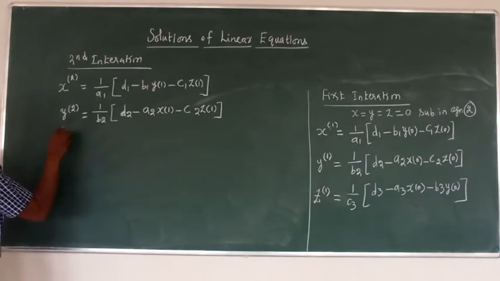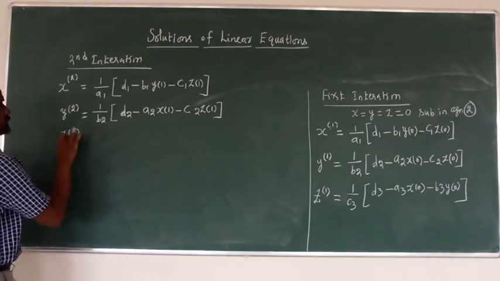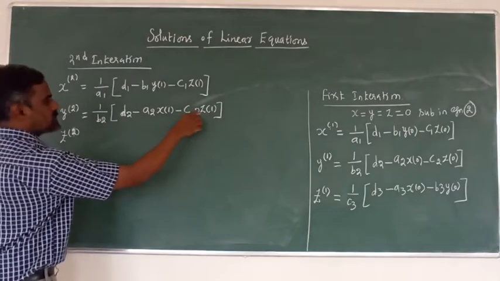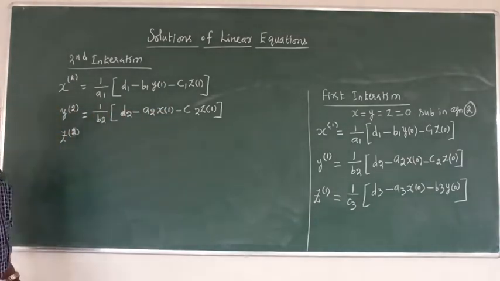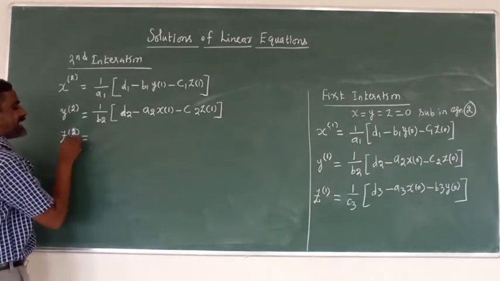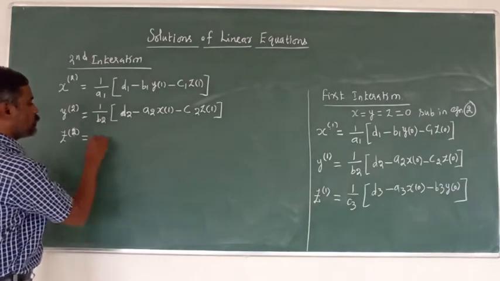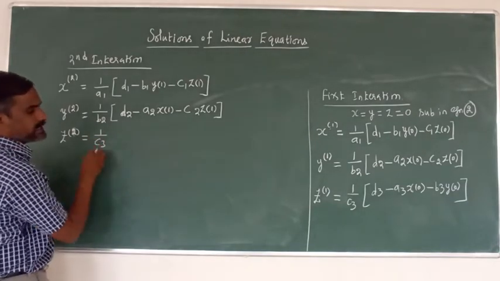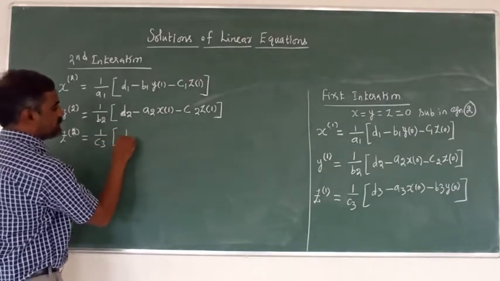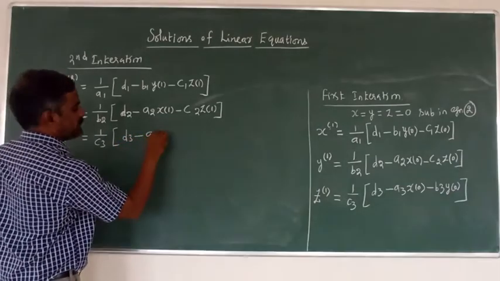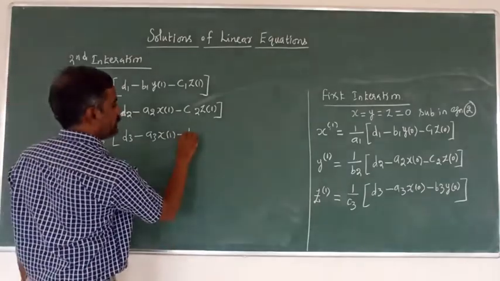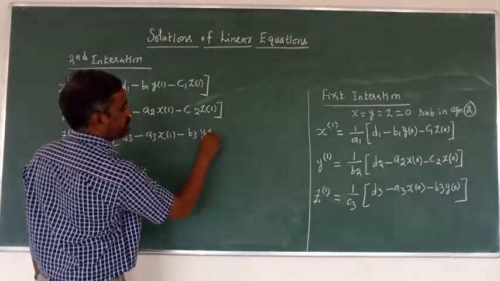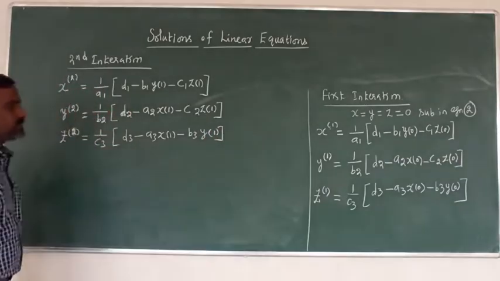Next z2. Now substitute these values and simplify to get the second iteration result of y. Next, the second iteration z: 1 divided by c3, within bracket d3 minus a3 times the first iteration x value, minus b3 times the first iteration y value. Okay.